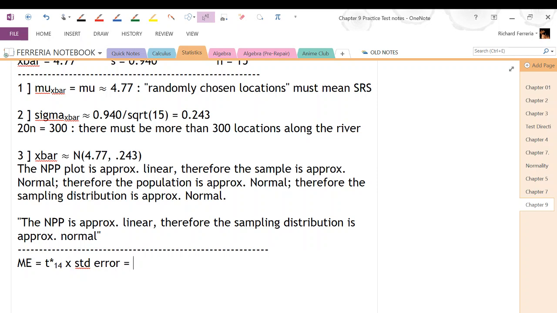Do we know the t-star of 14? Someone have that number? That gives me a margin of error of 0.5212. Is that right?